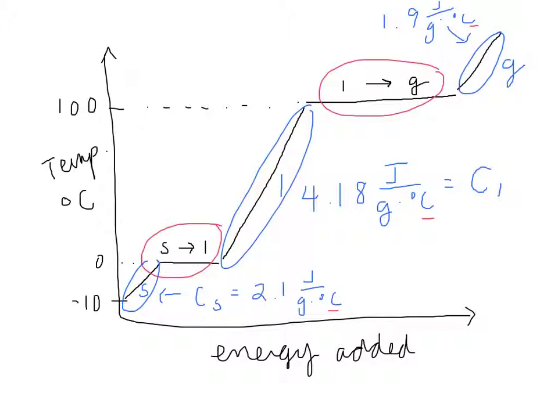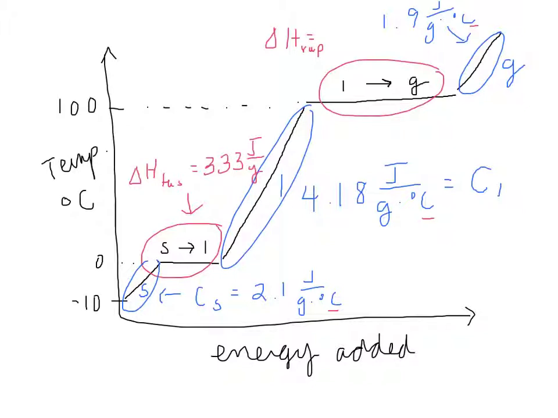Now the flat regions do not involve temperature changes, and we represent the value of energy required to change them by delta H's or enthalpy of, in this case, fusion, FUS, and in this case, the heat of vaporization, VAP. The heat of fusion is 333 joules per gram of water.